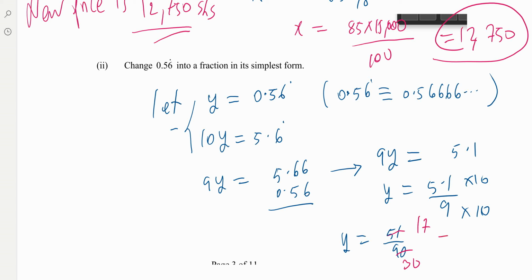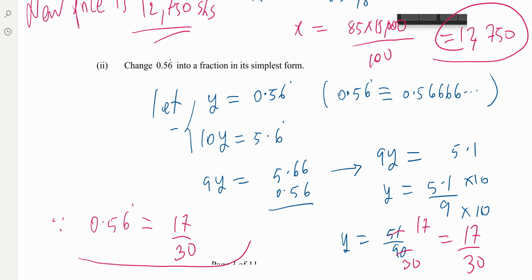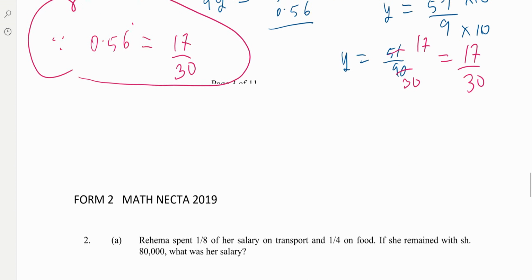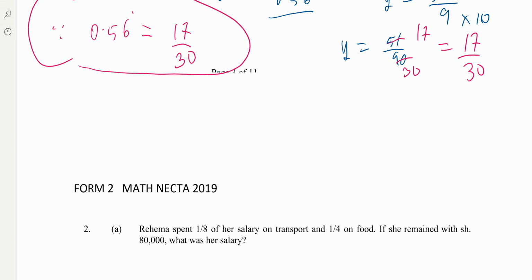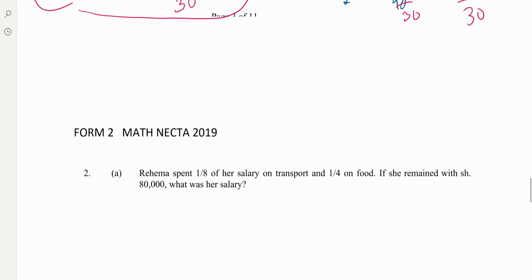So basically y will be 17 over 30, and you can conclude that 0.56 repeating is equal to 17 over 30, and this is the most simplified form, dear students. So that was Necta 2020 question number 2. Even though it is not aligning with the current format, it is still part of the revision of questions. You're going to face them in your exams.